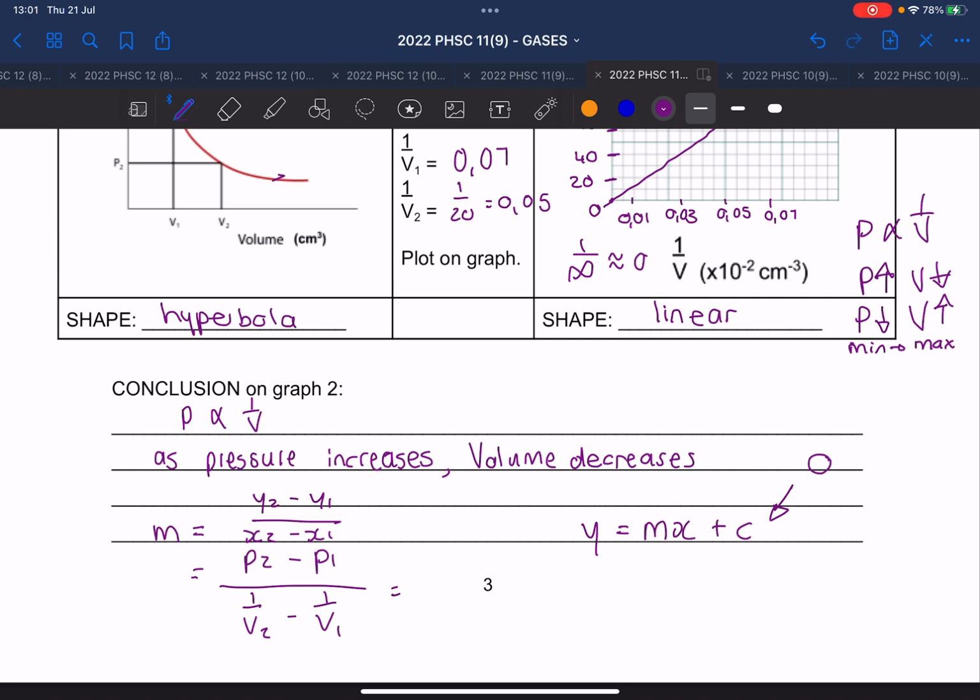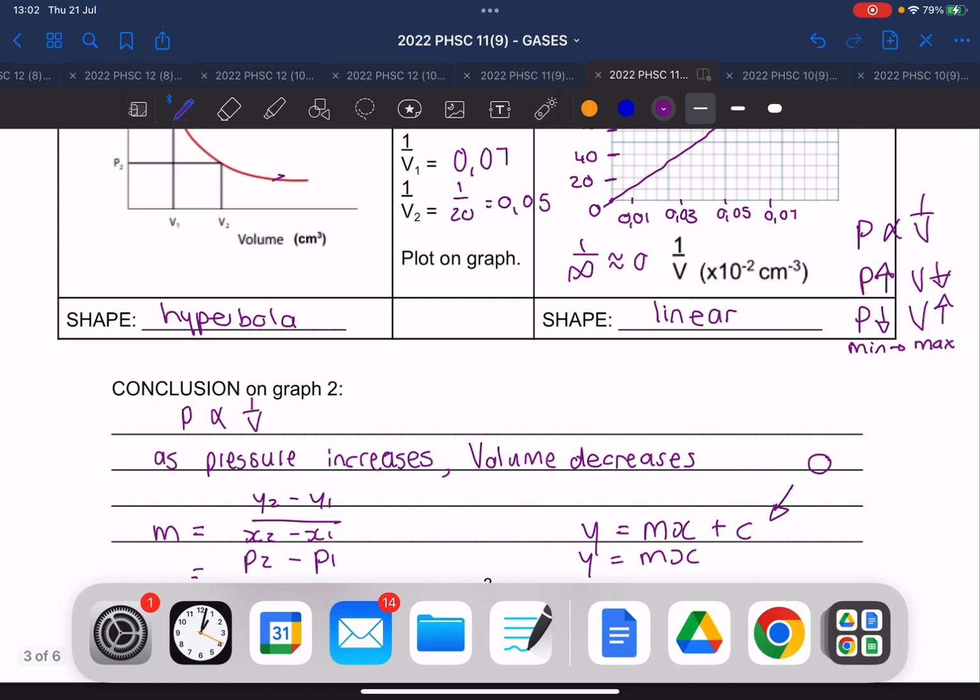Okay, so since c is 0, it becomes y equals mx. y is P. Let's see.